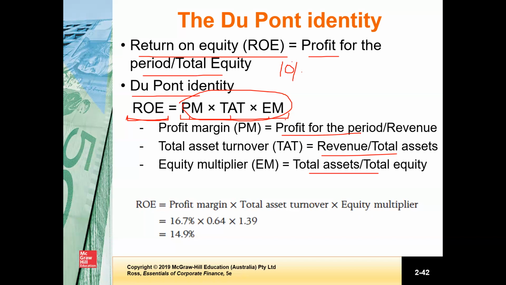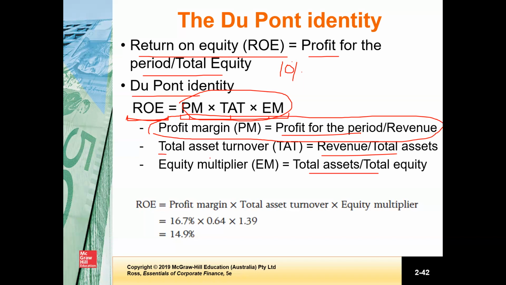Try to understand theoretically what is return on equity, the profitability a company earns for its equity holders. Am I right? Now, this profitability is generated, first of all, from how much profit the company earns from its revenue, which is called operating efficiency. That means how much profit is generated.